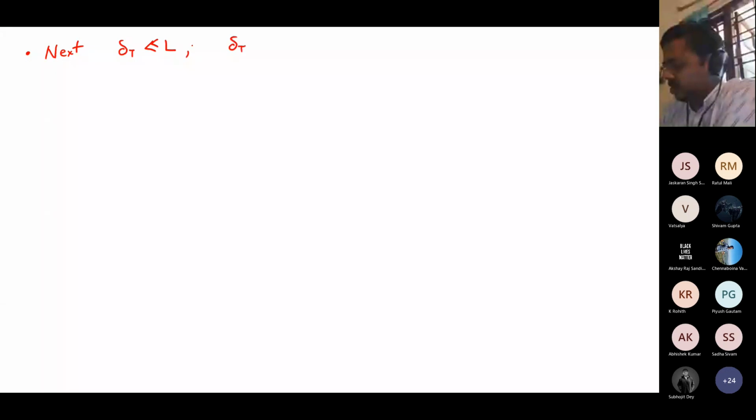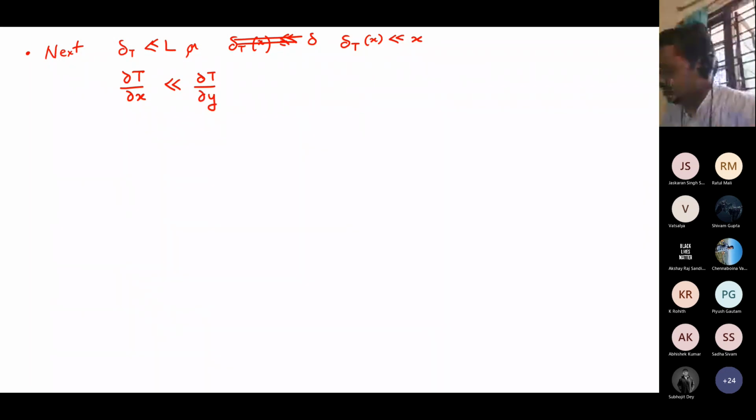Or delta T at a given X will be much, much lesser than X. The other thing was the gradient in the X direction, del T del X, would be much, much lesser than del T del Y within the boundary layer.